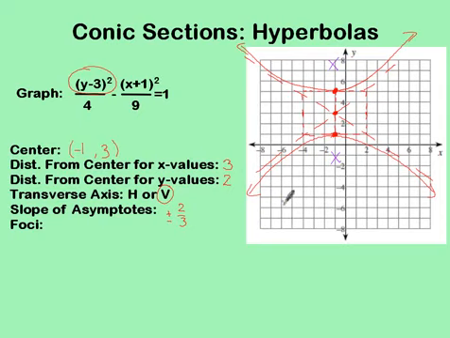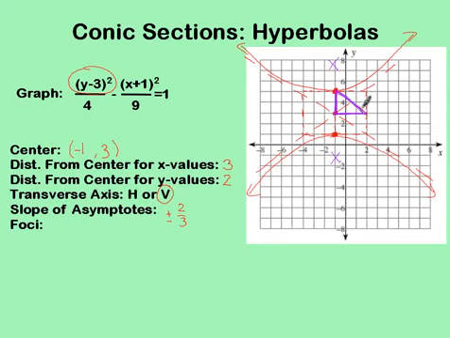Alright, so if you remember with the Pythagorean Theorem and the triangle we drew before, if you look inside of this rectangular box, if I connect from the center to a vertex, and I connect from the center to an endpoint on the conjugate axis, and I draw this triangle, right?